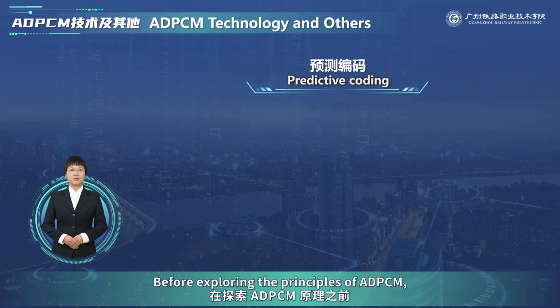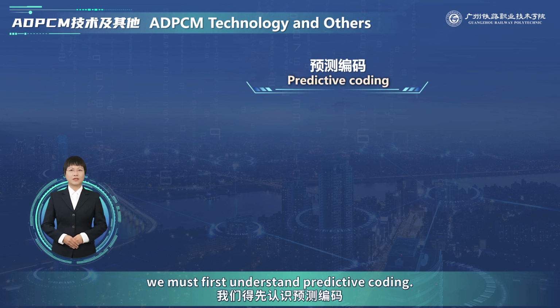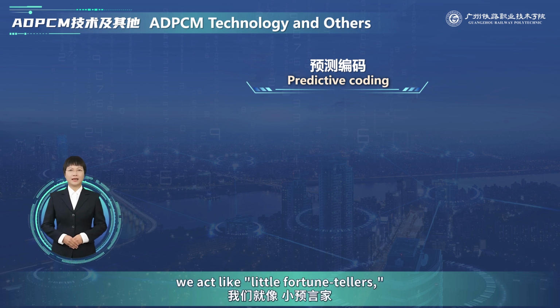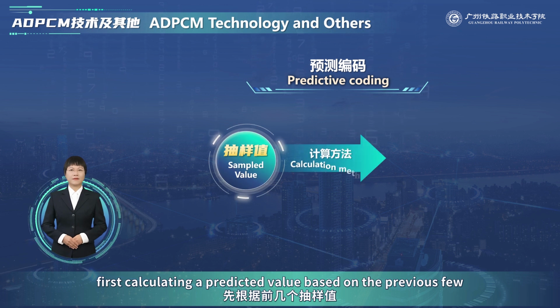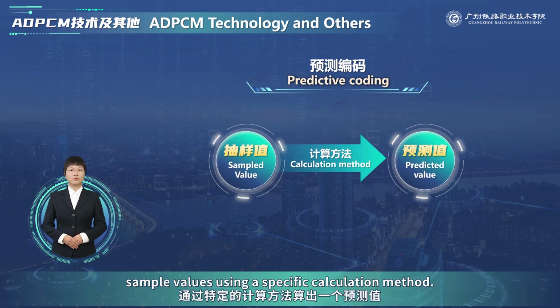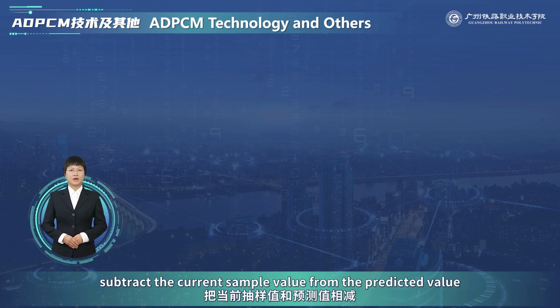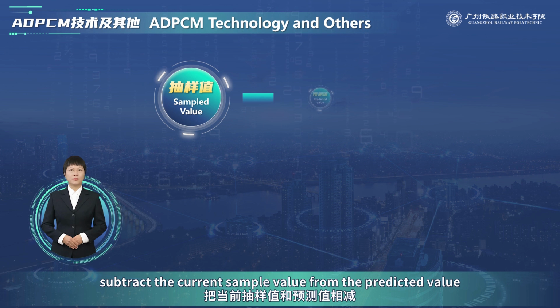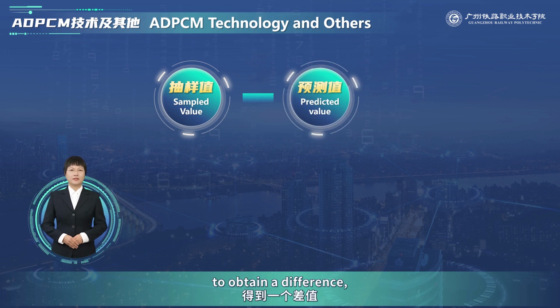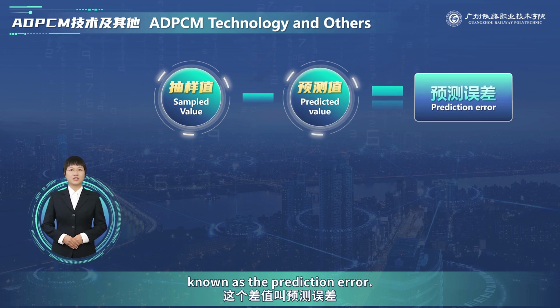Before exploring the principles of ADPCM, we must first understand predictive coding. In predictive coding, we act like little fortune tellers, first calculating a predicted value based on the previous few sample values using a specific calculation method. Then, subtract the predicted value from the current sample value to obtain a difference known as the prediction error.